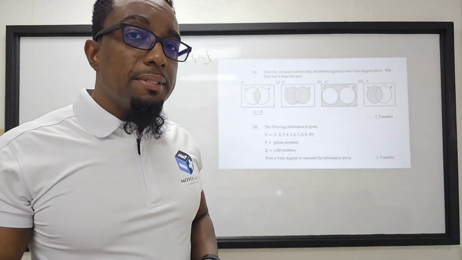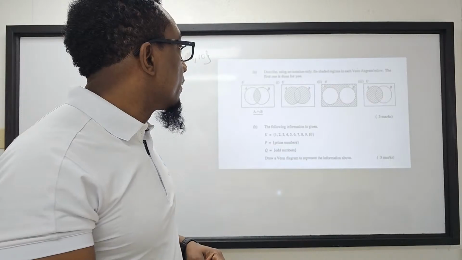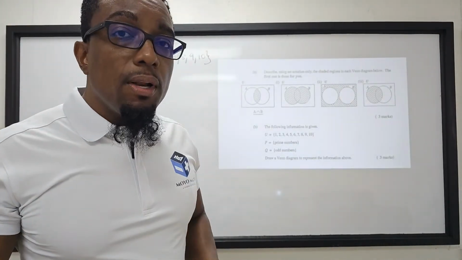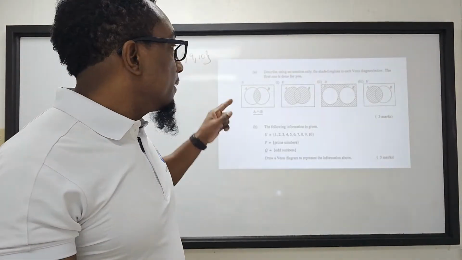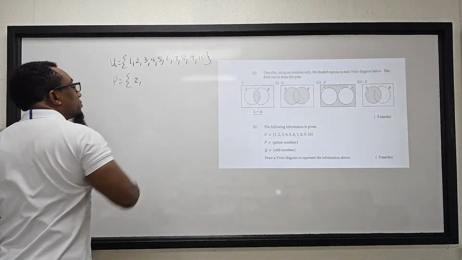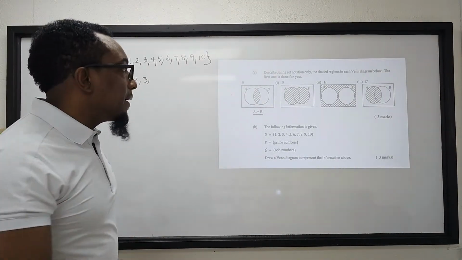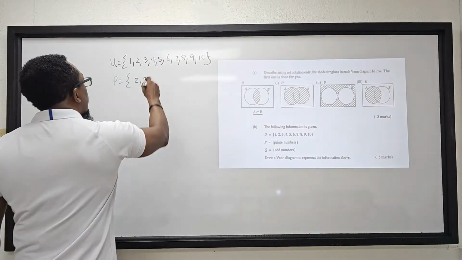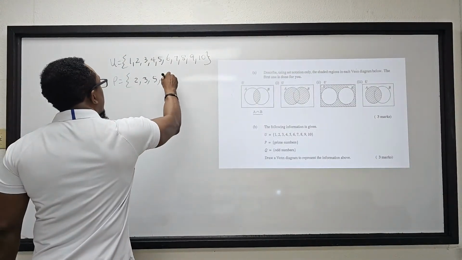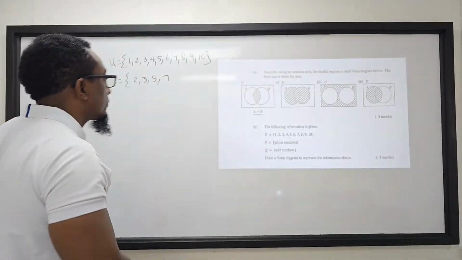Prime numbers are numbers that can only be divided by itself and 1. And prime numbers starts from 2. So let's identify all the prime numbers in that universal set. So your prime numbers here will be 2. 2 can be divided by itself and 1. 3. 3 can be divided by itself and 1. 5 can be divided by itself and 1. 7 can be divided by itself and 1. Right? So those are your prime numbers.